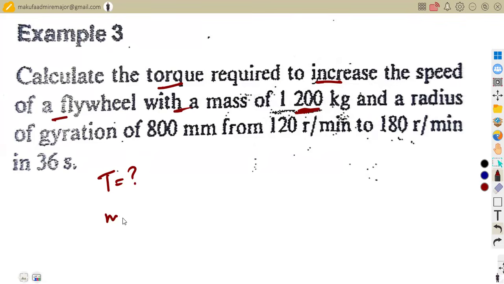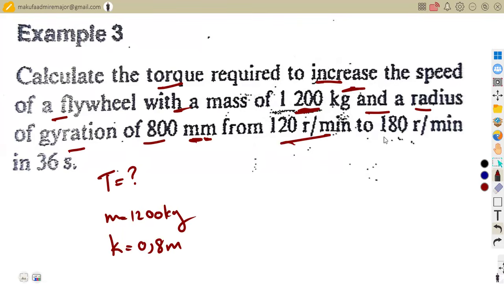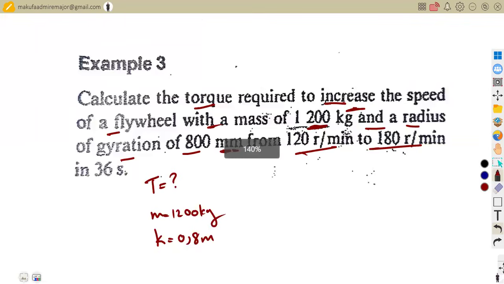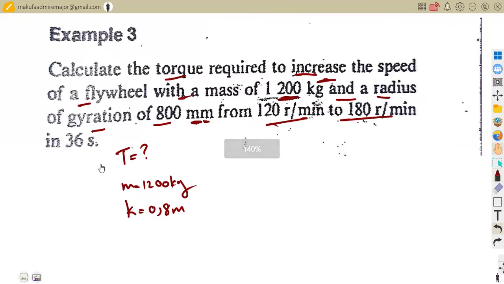You're given the mass of 1,200 kilograms and a radius of gyration of 800 millimeters. If we divide by 1,000, the radius is 0.8 meters. The speed was increased within a time frame of 36 seconds.